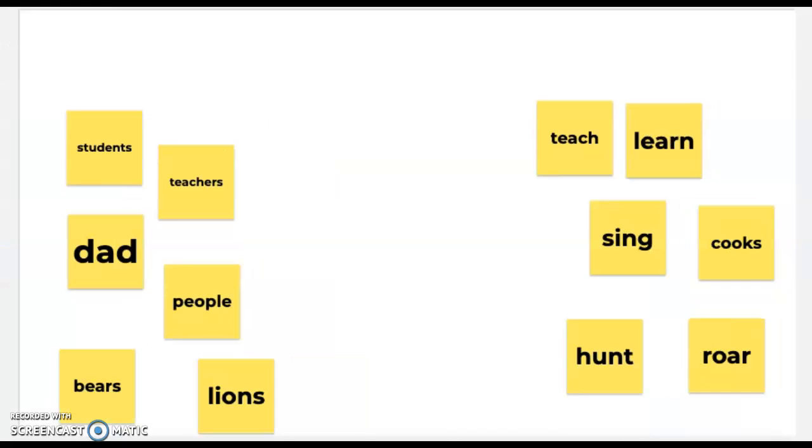All right. So what we could do is just put all of these together into simple sentences. Now the thing is, when we do put these into simple sentences, you have to remember to add in your capital and your punctuation.